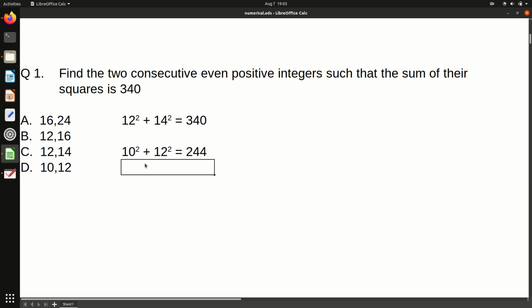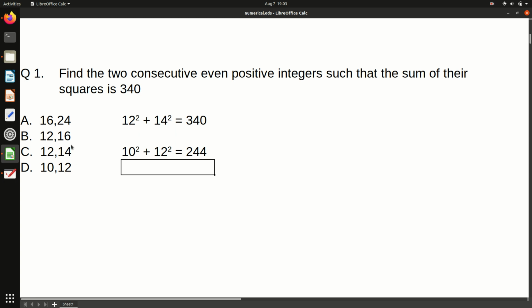We will solve this using the elimination method. There is no need to solve it fully, just with the help of the options we can solve it. It will save your time, because in your NQT examination there will be a time constraint, so try to save maximum time.